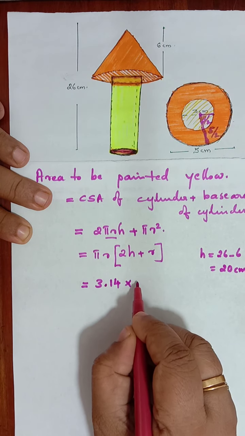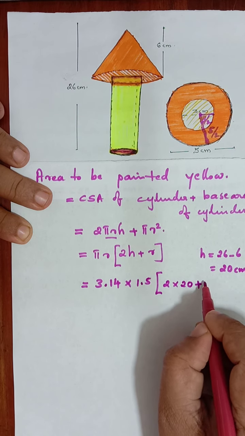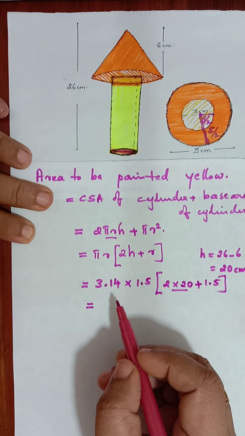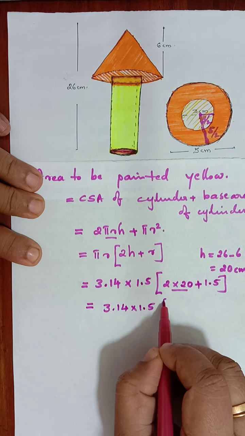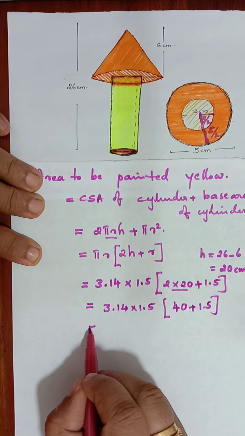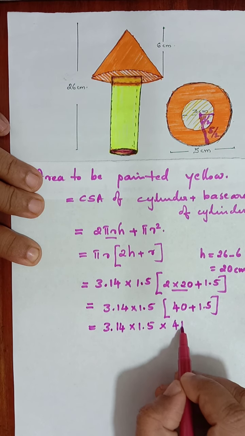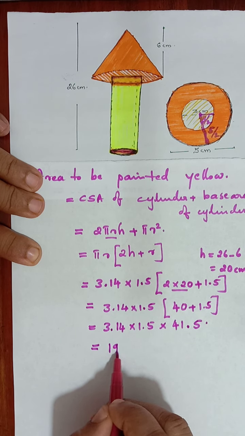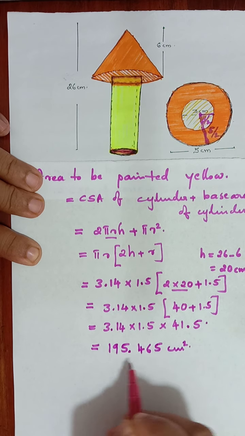Radius is 3 by 2, that is 1.5, into 2h, 2 into 20, plus radius 1.5. Let us multiply this and get the answer. 3.14 into 1.5 into 40 plus 1.5 becomes 3.14 into 1.5 into 41.5. Let us multiply all these three together. So we'll be getting 195.465 cm square.